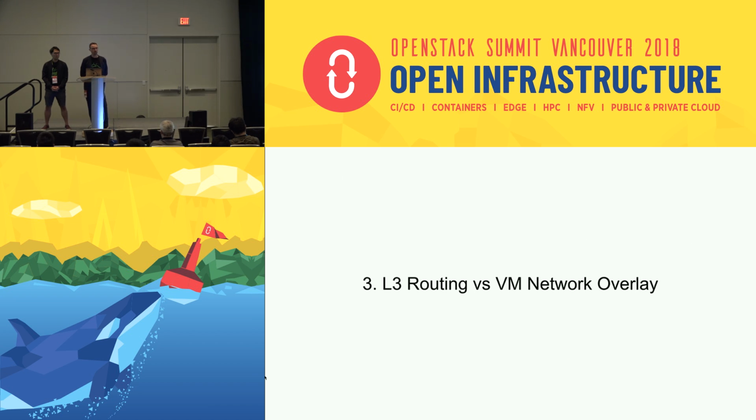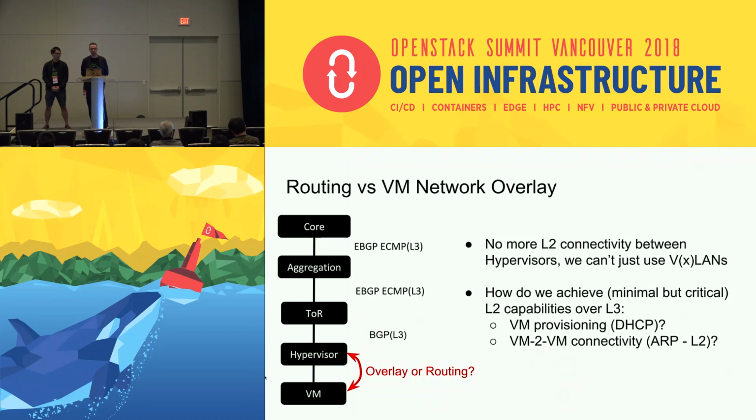But what kind of choices did we have to make when we decided how to do the traffic between the actual hypervisor and the VM? That's something that we will dive deeper into. At the point when we decide how the traffic is going between the hypervisor and the VM itself, there are some well-established approaches. We were thinking about whether we use VXLANs or VLANs, or some kind of overlay approach.